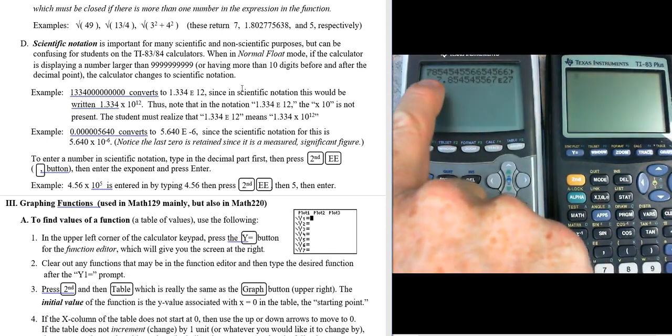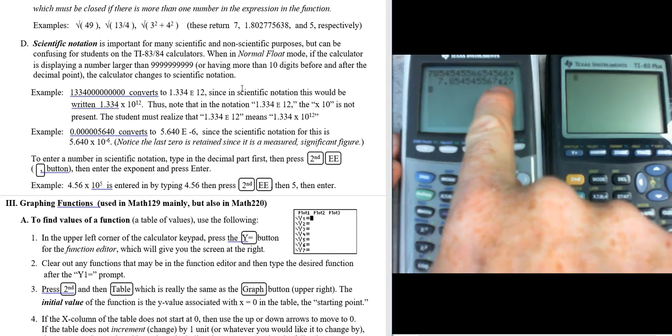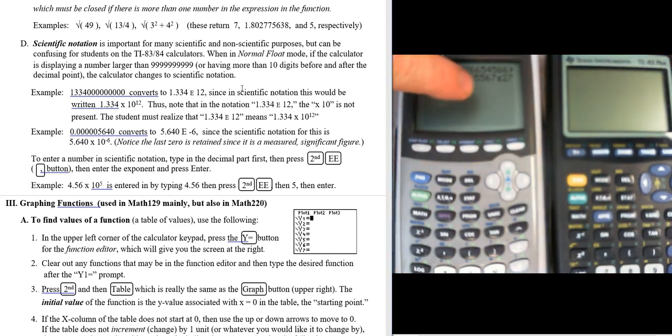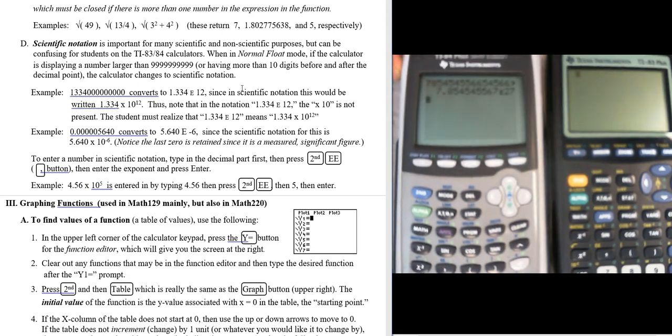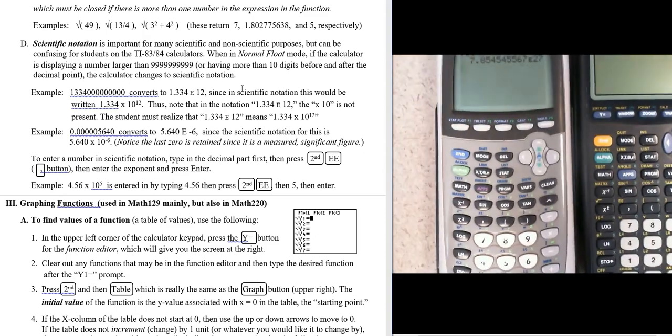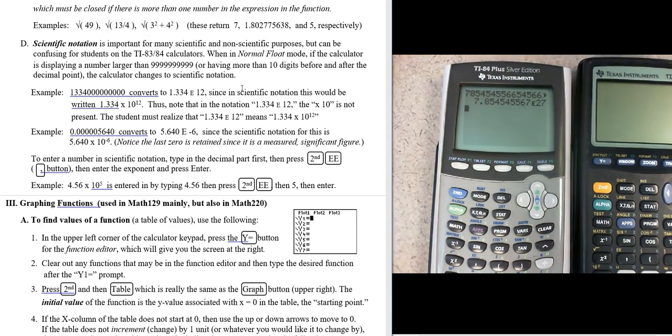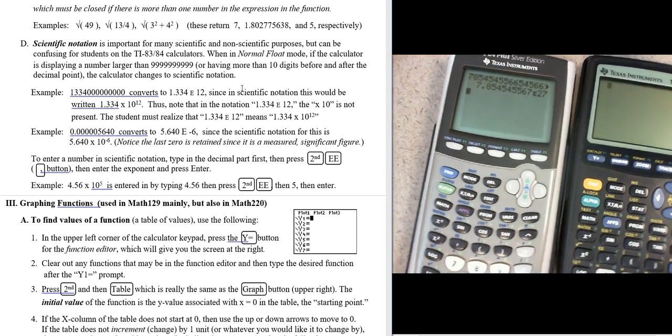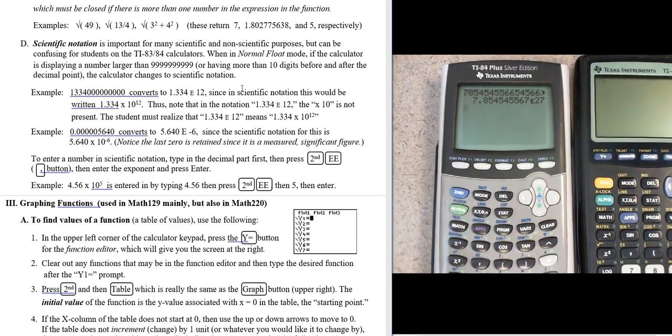It shows the first several digits, but then it shows E27, which means that it's switching to scientific notation. E27 means that it's switched to scientific notation.